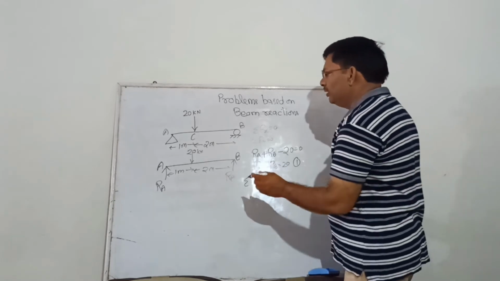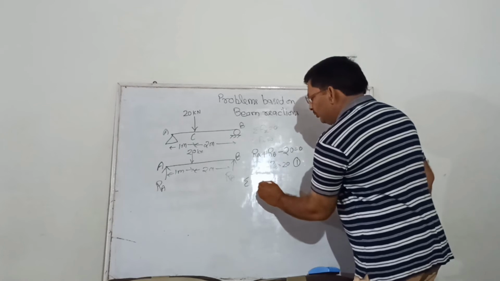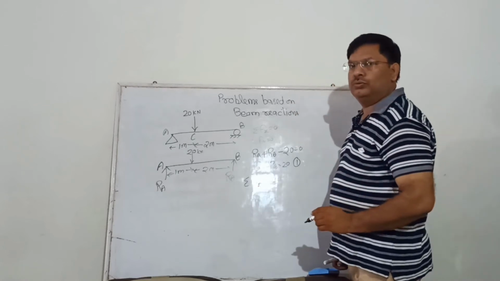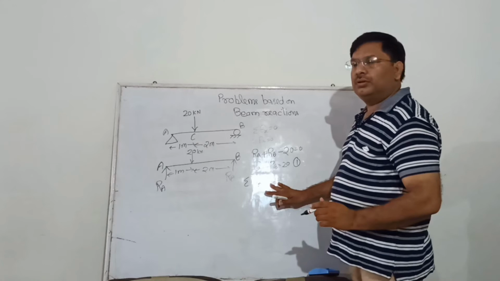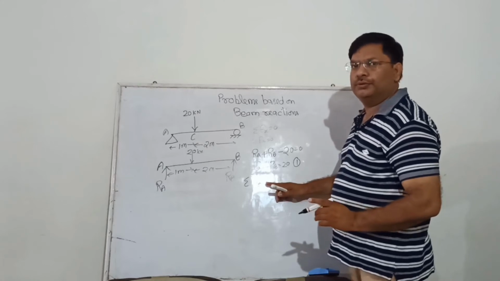So let's take the moment about point A. So we will have to write sigma MA equal to 0. This is the process: you will have to write that point about which you are going to take the moment.